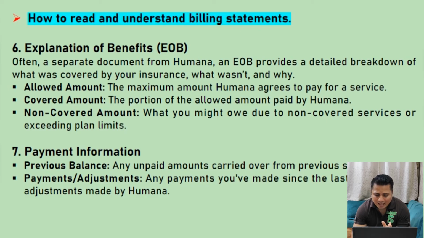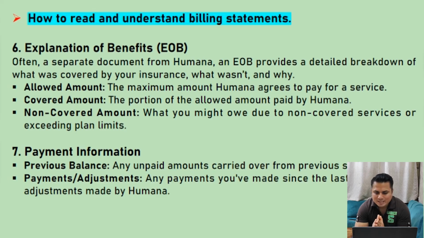Number six, explanation of benefits. Explanation of benefits, which is also called EOB in short. Often a separate document from Humana, an EOB provides a detailed breakdown of what was covered by your insurance, what was not, and why.